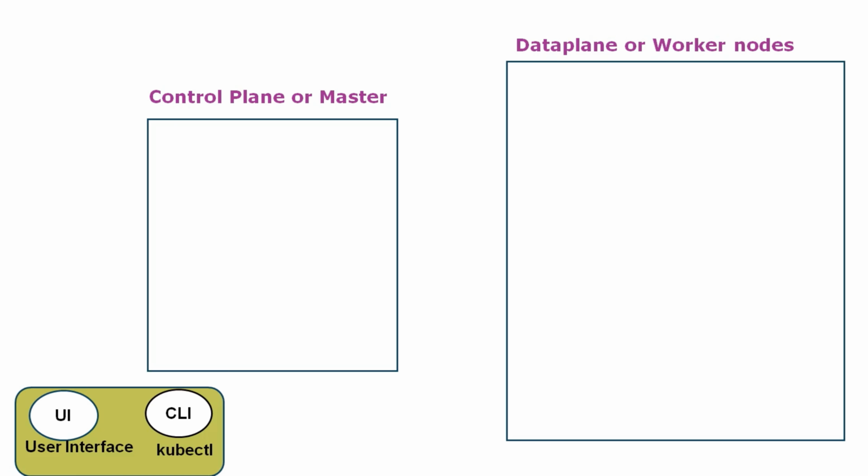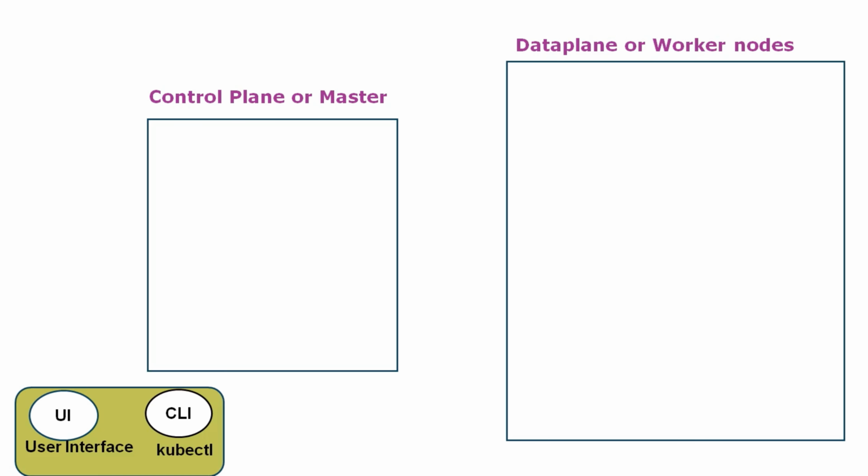Okay. So now let's get a little deeper inside and see how it works. We will see that in depth. As I told, the Kubernetes cluster is divided into two things: one is called the control plane, another is called the data plane. Just remember this.